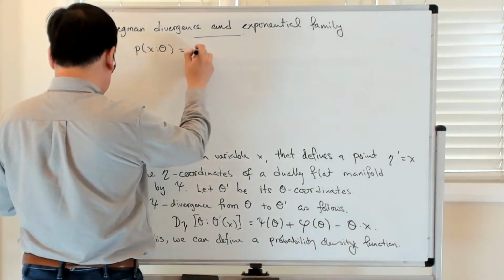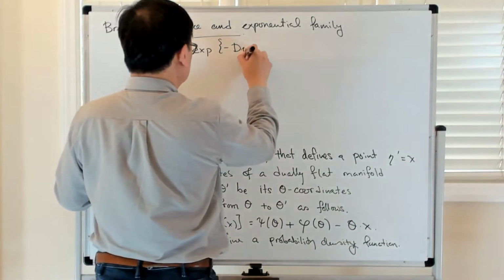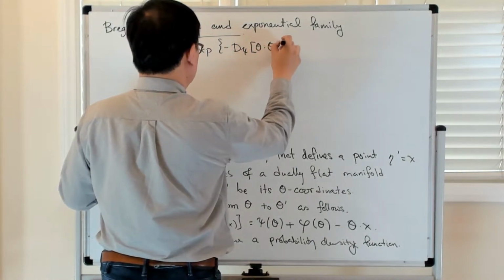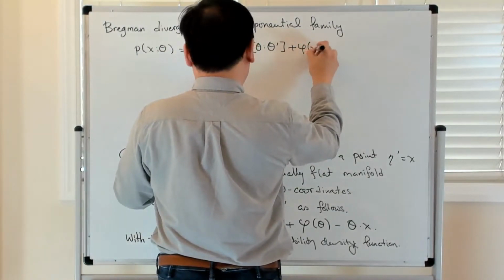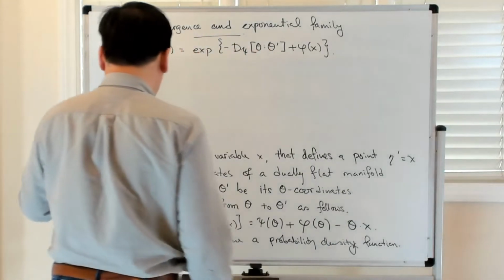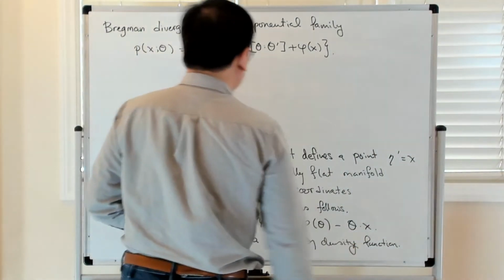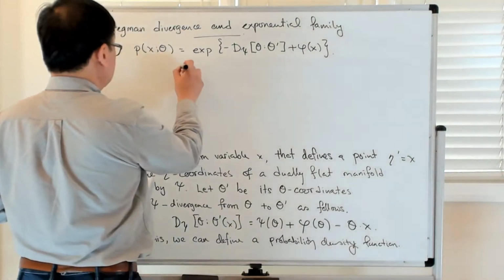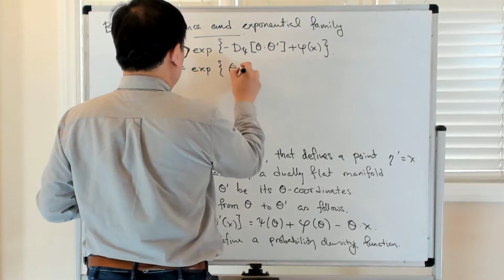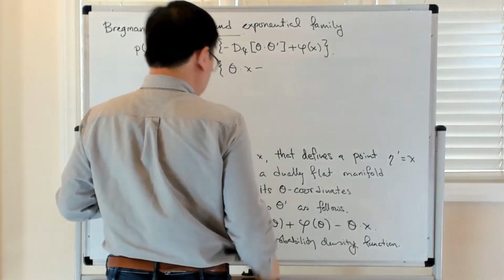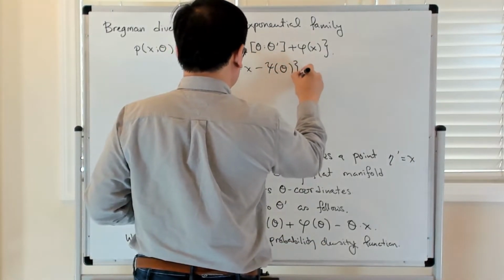I'm going to write this as the exponential of minus the divergence from theta to theta prime plus this normalization function. Because of the form of the divergence which we've written here, this is just the exponential of theta dot x minus phi of theta.